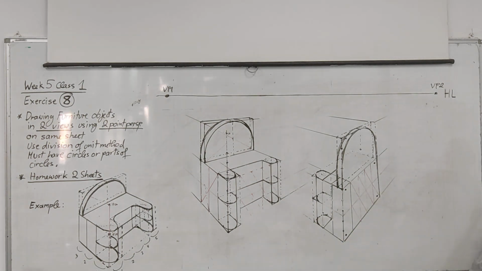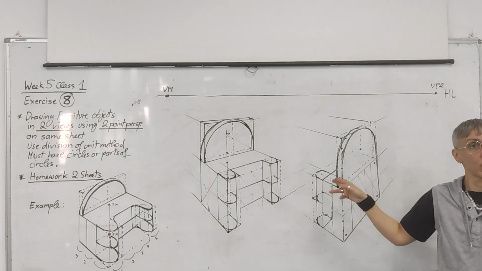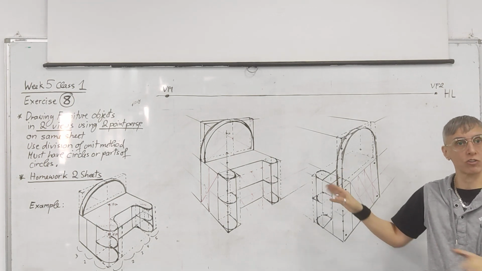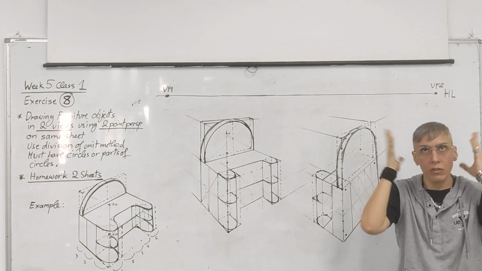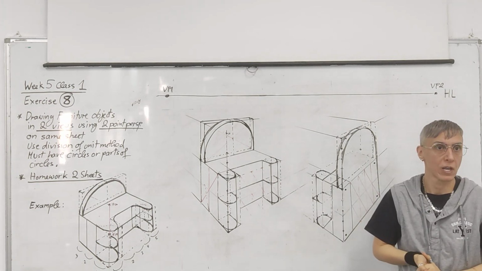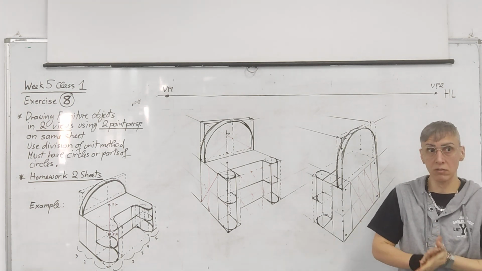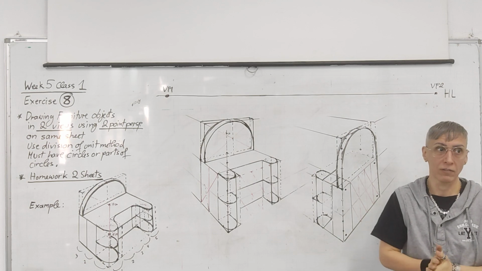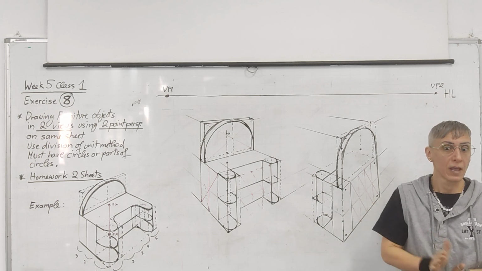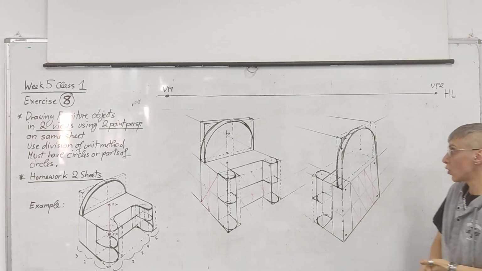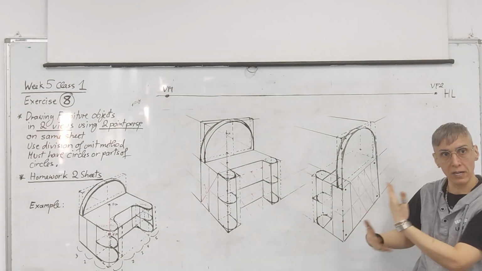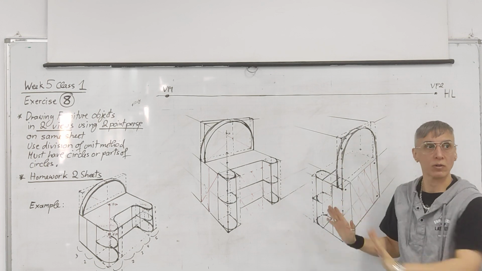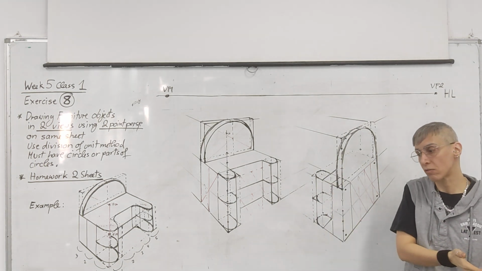Now, you're allowed to draw this object on one sheet, but for the other sheet, you have to think about your own design. Your own design, okay? Not from the internet. Again, I will warn you. So if you want to draw this exactly to practice the method, okay, draw it. And another sheet, something from you.